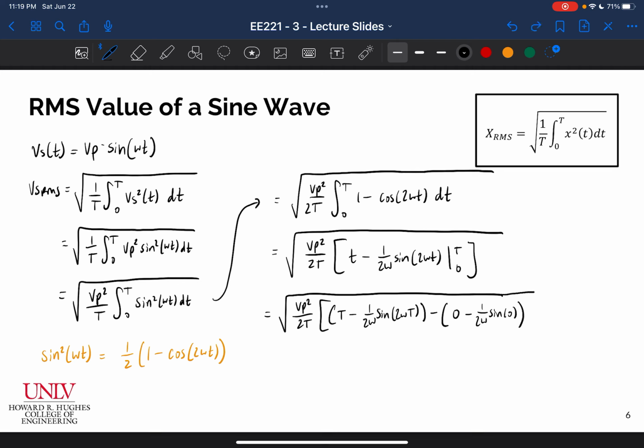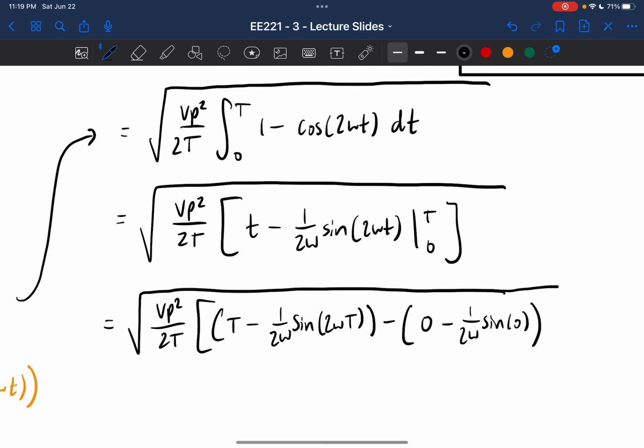Okay, so hopefully it's obvious that these two terms are 0, so that whole term goes to 0.